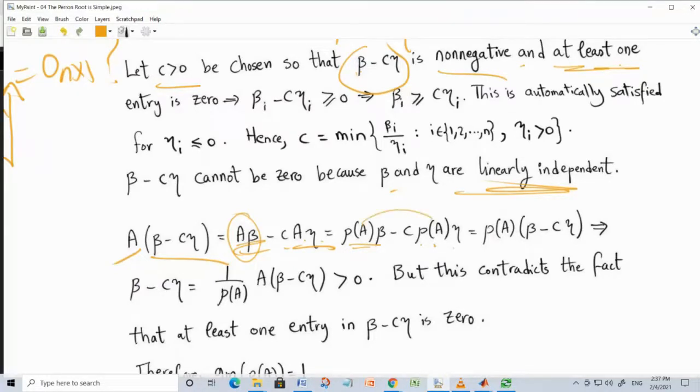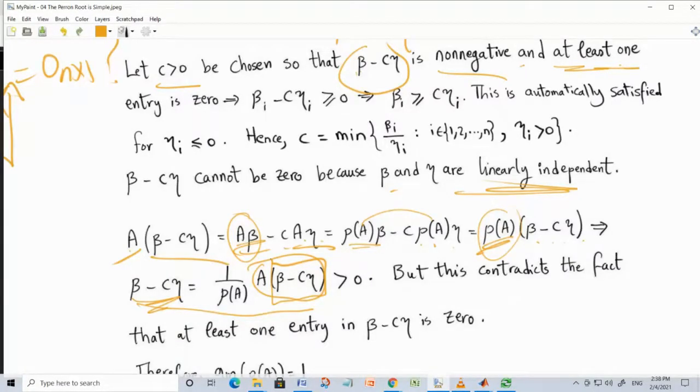Take rho of A as a common factor, so A multiplied by beta minus C eta is equal to rho of A multiplied by beta minus C eta. Rho of A is strictly positive. Divide both sides by rho of A. So remember the story: beta minus C eta is a non-negative vector. By design, it has at least one 0 component. It cannot have all the components equal to 0.